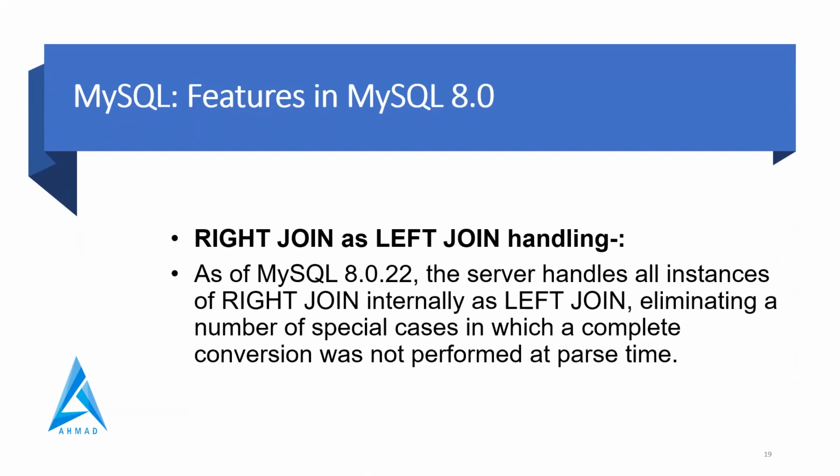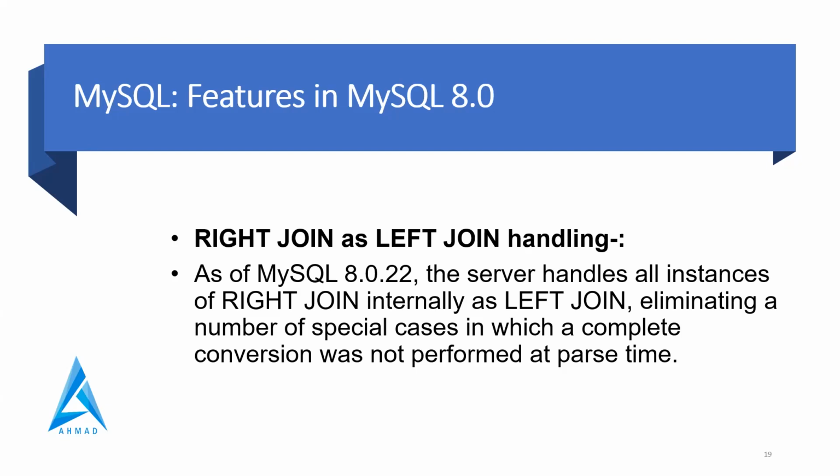And right join as left join handling. In MySQL 8.0.22, the server handles all instances of right join internally as left join. If you are using right join, it will behave as a left join internally, eliminating a number of special cases in which a complete conversion was not performed at parse time.